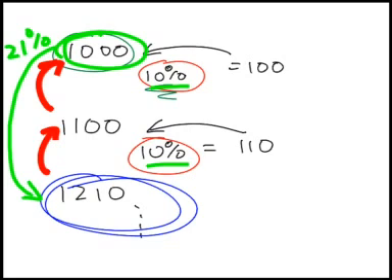Okay, now from the 1,000 to the 1,210, it's 21%. But that's for like, there's no year. In 1 year, you're trying to say.